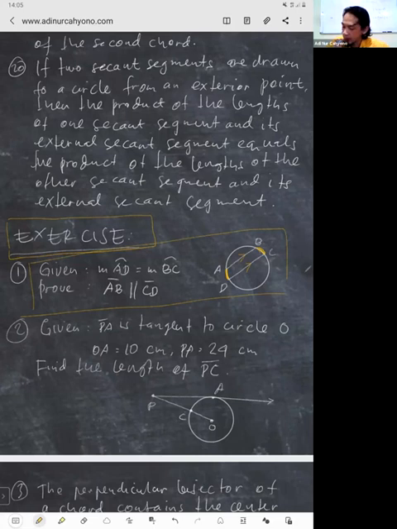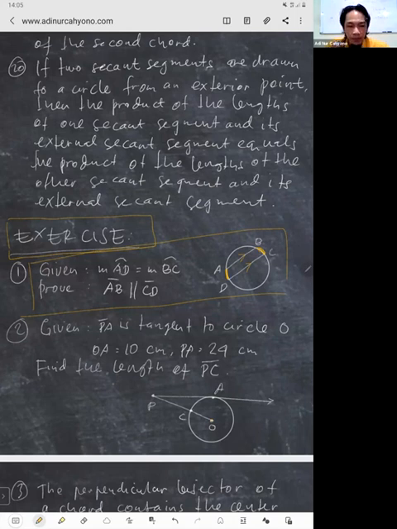The second: PA is tangent to the circle O, OA is 10 centimeters, and PA is 24 centimeters. Please find the length of PC.